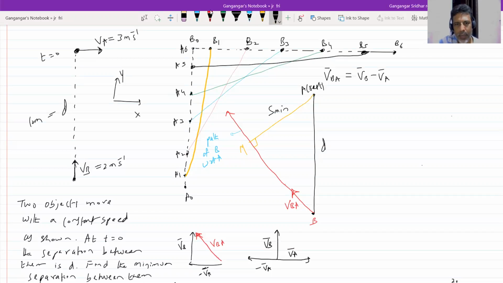As B further starts moving, I'll draw one more line.